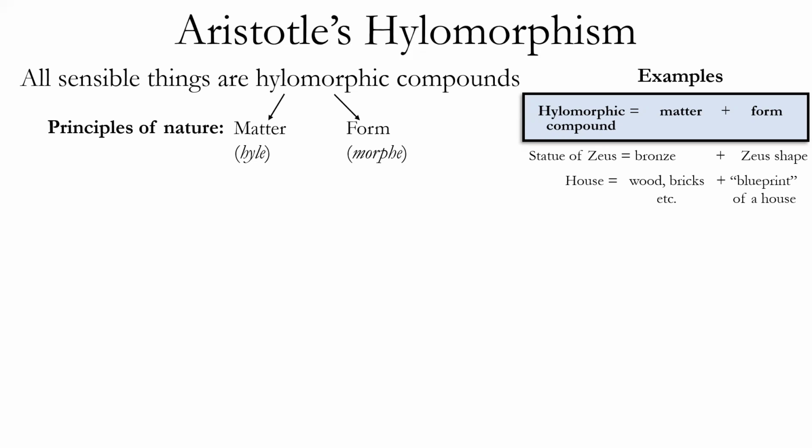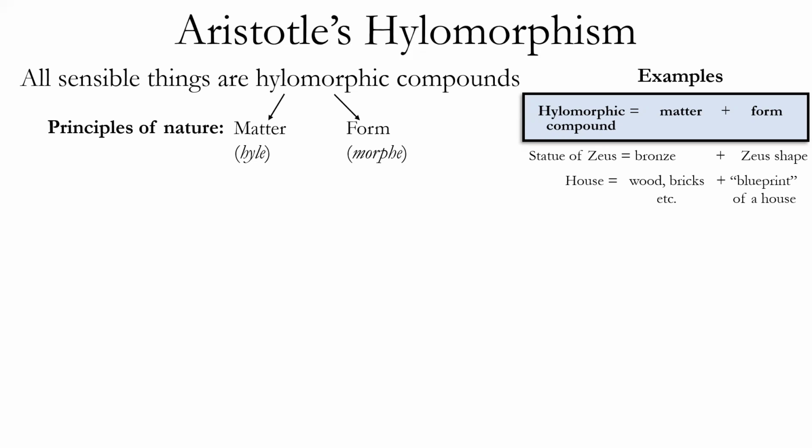And what a builder does is they take all of those materials and they arrange them in a very particular way according to a kind of blueprint. And so the form is something like the shape of the house. It's the same kind of thing that you would find in the blueprint. Now, the form is not strictly speaking the blueprint, the actual drawing or whatever, right?